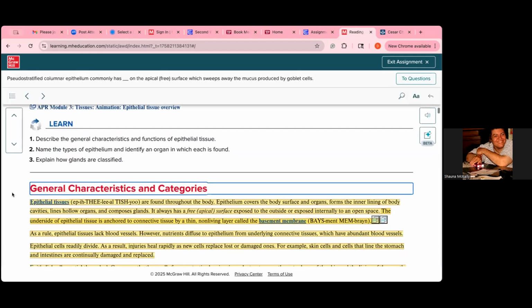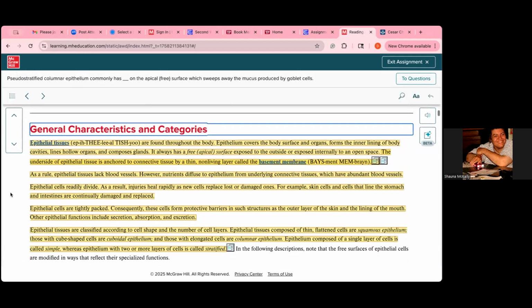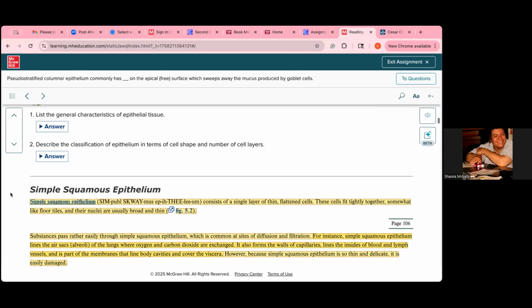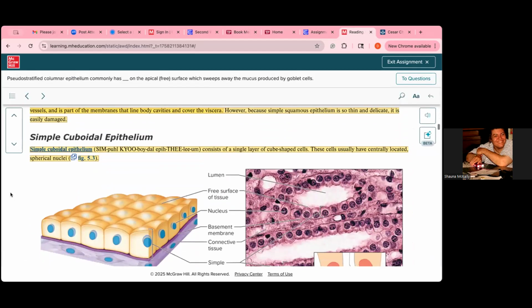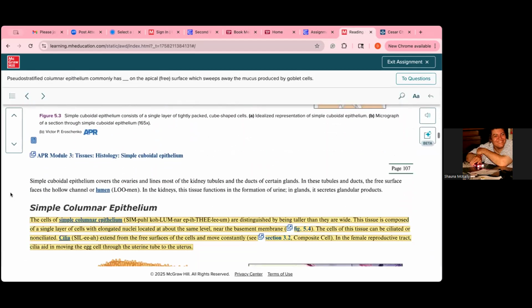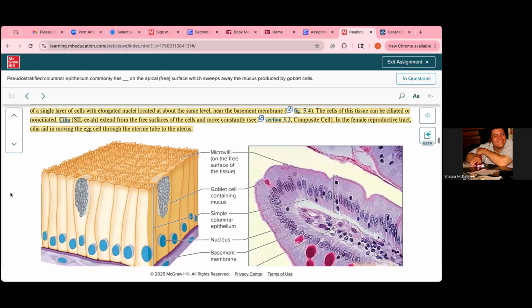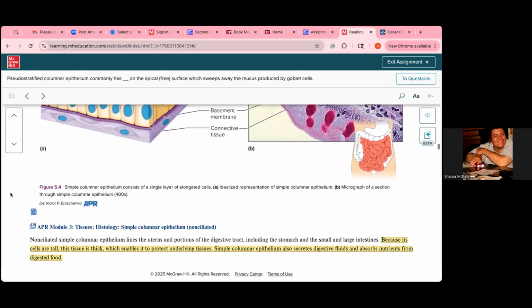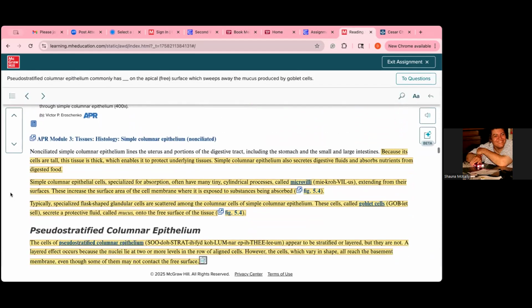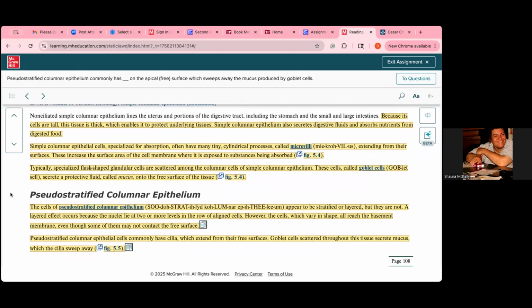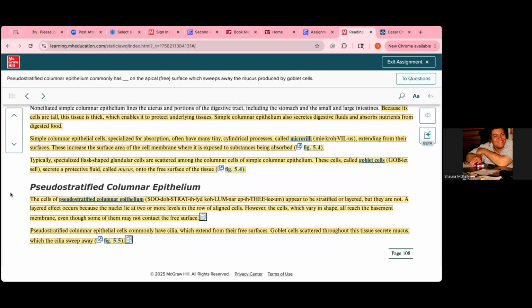Okay, let's look at pseudostratified. Pseudostratified epithelium appears to be stratified or layered, but it is not.